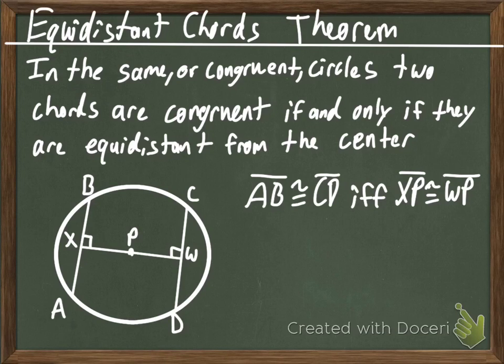So the distance from the center P to the chord, if that is congruent, then the chords are congruent, which also means that their arcs would be congruent from our first theorem about corresponding congruent chords. So here are our theorems and the converse about chords.